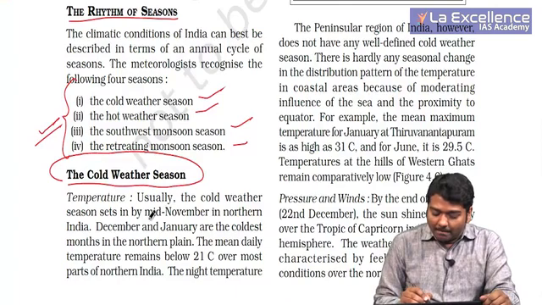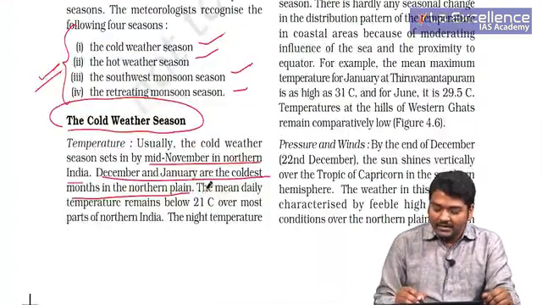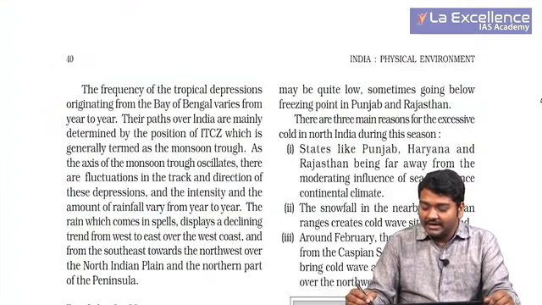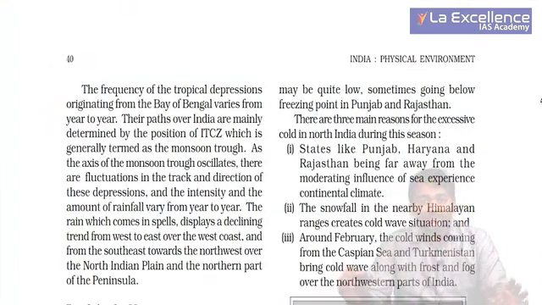So, mid-November in northern India, December and January are the coldest months in the northern plains. The mean daily temperature remains below 21 degrees Celsius over most parts of North India. The night temperature will be quite low and sometimes it may be less than 0 degrees Celsius as well. In Punjab and Rajasthan, usually it goes to the freezing point.